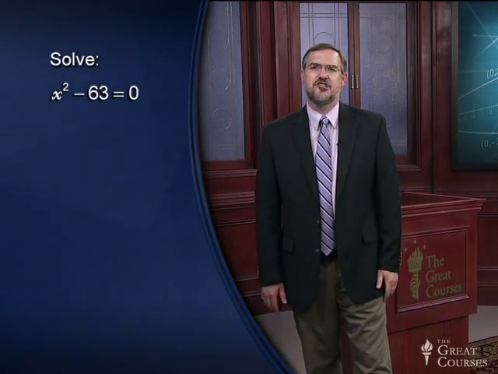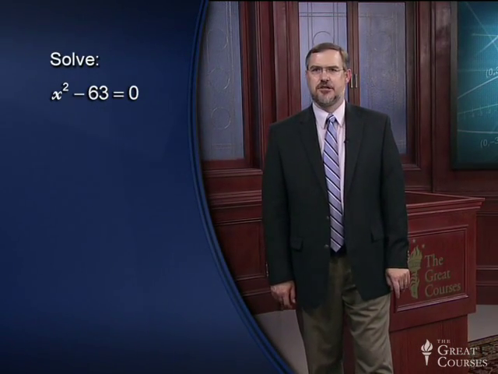Okay, so now I actually have to be honest with you and let you know that not everything has to look like a perfect square in order to use the square root tool. So let me show you the following example, which is just a little bit different from the ones I've just done. Let's solve x squared minus 63 equals 0.